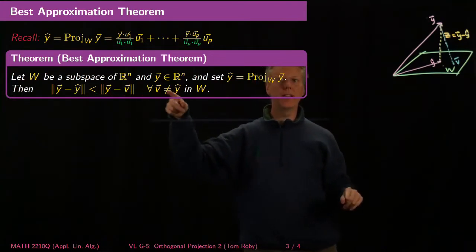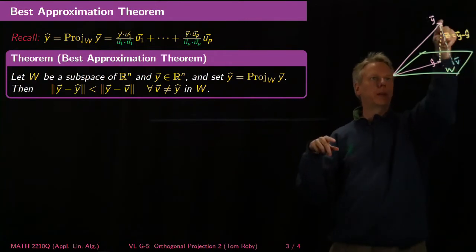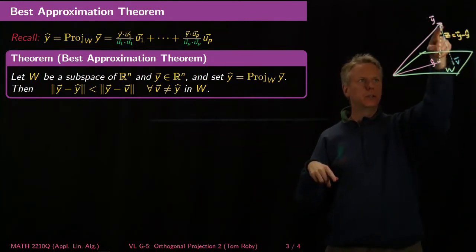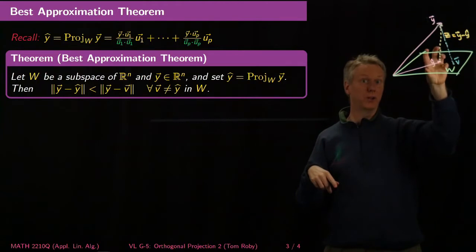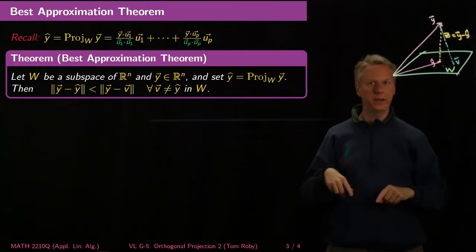In other words, if I take any other v in W and compare that blue distance to this orange distance, your colors may vary, then this one is longer than that.